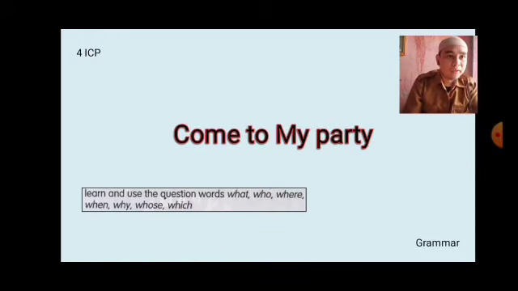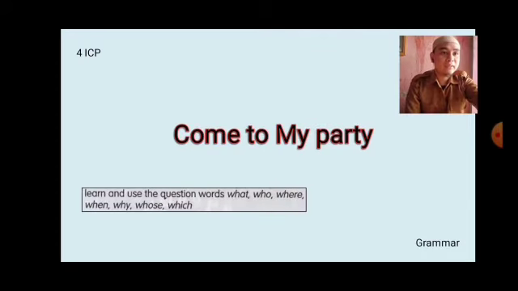Today, we are going to learn about "Come to My Party," the third part from the last meeting of our learning process. And today we are going to discuss the grammar rule, particularly the question words what, who, where, when, why, whose, and which.